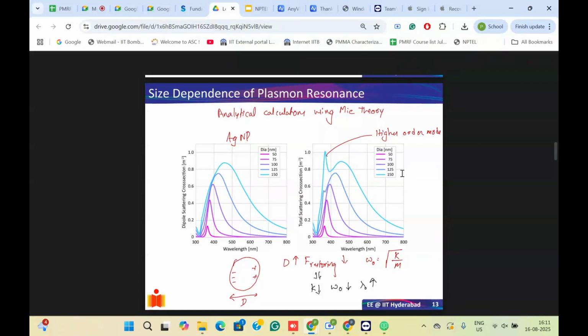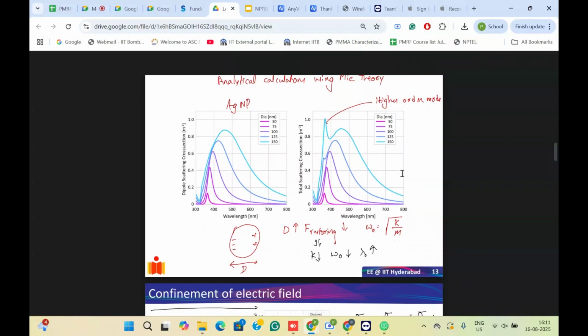And after 150 nanometer, there is a sharp peak that shows there is participation of higher orders. So we know that the restoring force is given by k by m. As the wave vector increases, omega naught will decrease, and lambda naught will increase. So by increasing the size of the particle, the resonance peak will shift towards the longer wavelength.